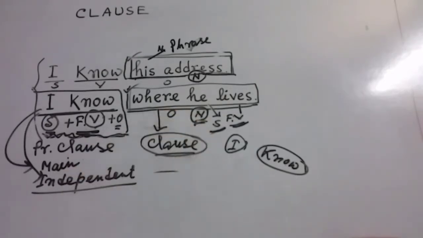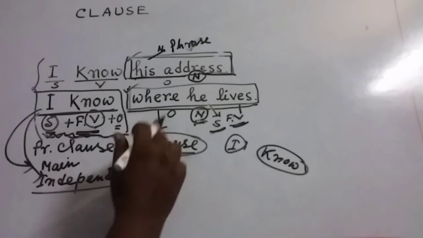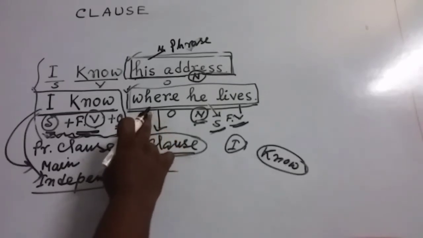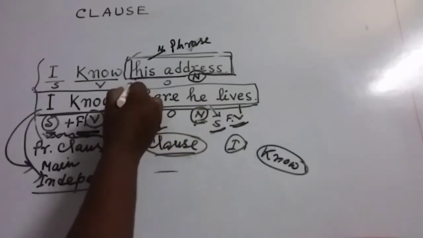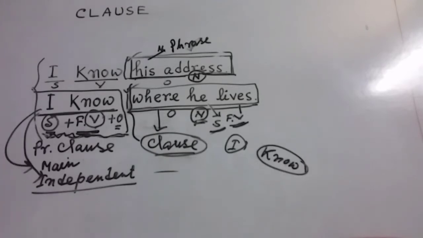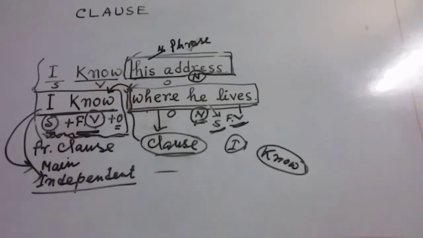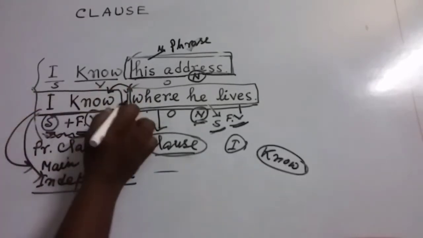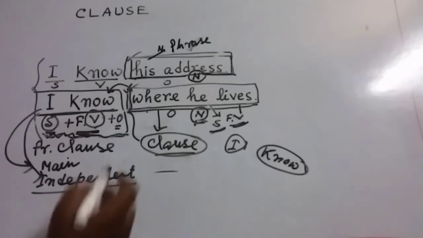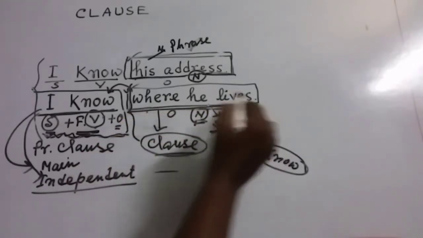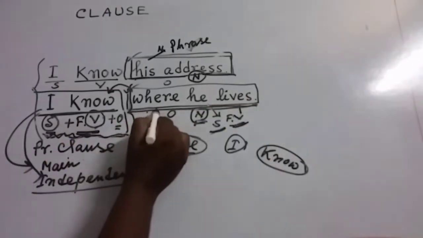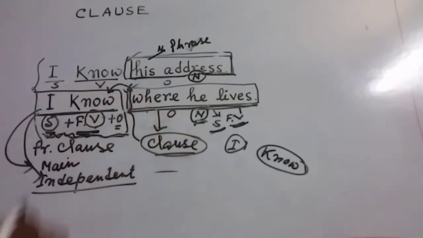But here in this group of words you can see, if we only write down where he lives, this part cannot give us a particular meaning. That means this part is dependent upon this one. If we write down I know where he lives, at that time this part is meaningful and gives us complete sense.